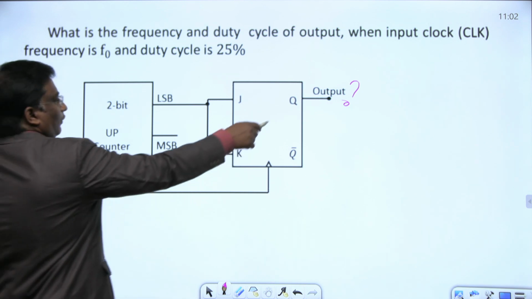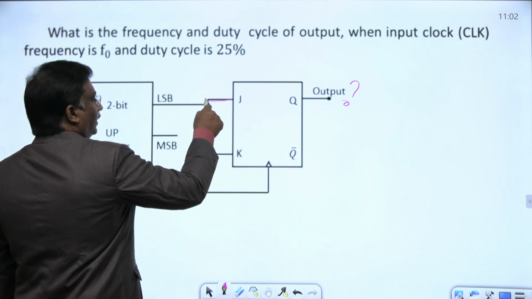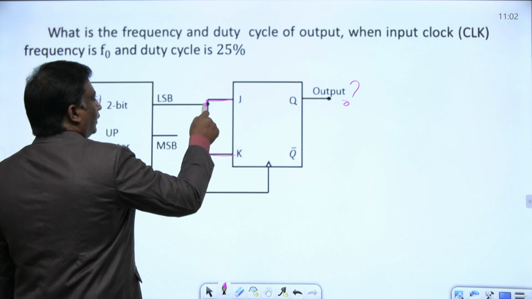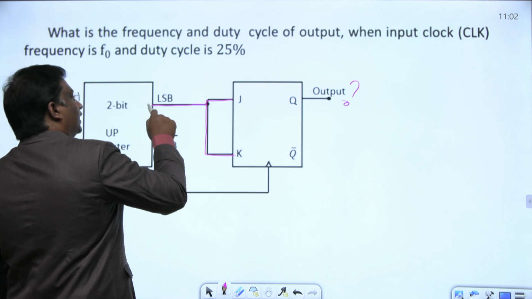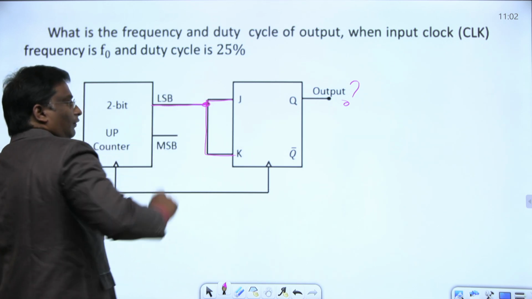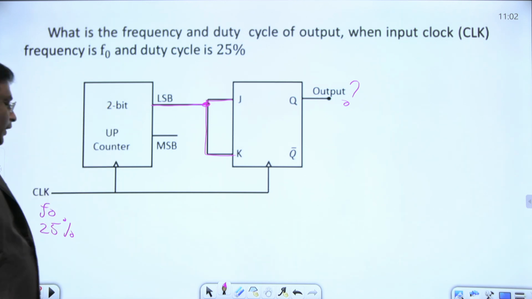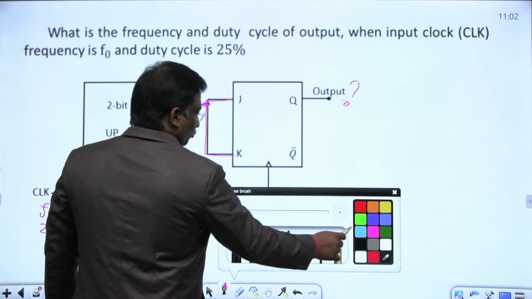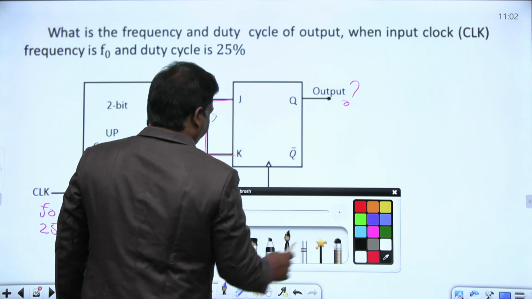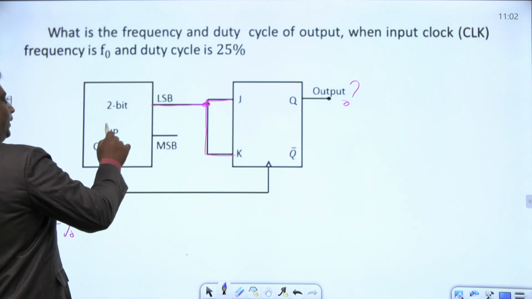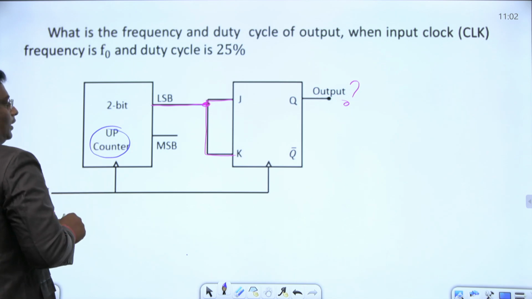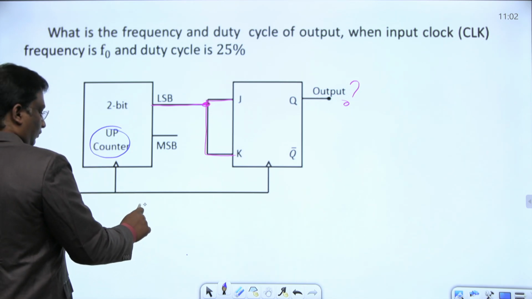See here, this is a JK flip flop, and this J and K are connected to the same point, and the output of this LSB is connected as input to this JK flip flop. And here this is a 2-bit counter, right? It's a 2-bit up counter. Suppose the initial state is 0 0.